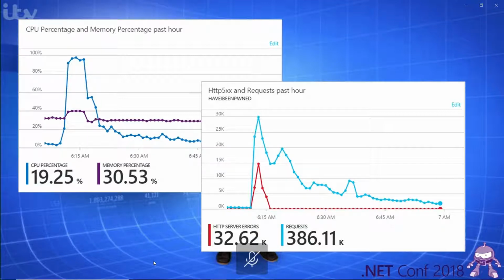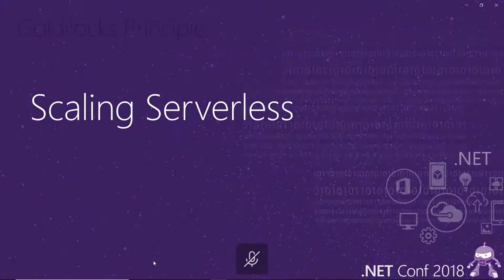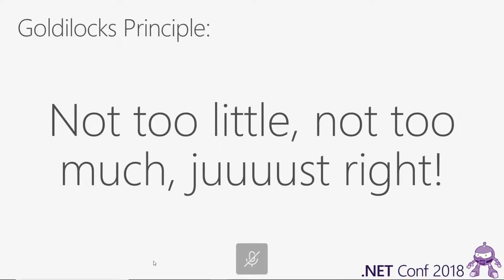So let's move on from there and start talking about serverless, because serverless actually starts to solve the underlying problem that I kept running into with PaaS. And there's sort of a nice way of picturing what that underlying problem is, and it's called the Goldilocks principle. And the Goldilocks principle is about having just the right amount.